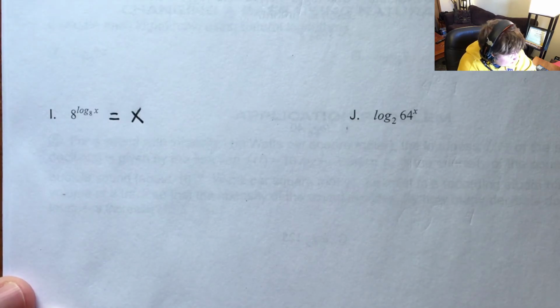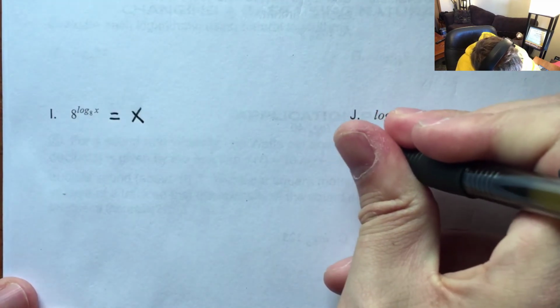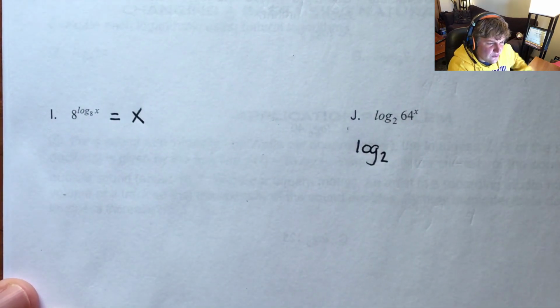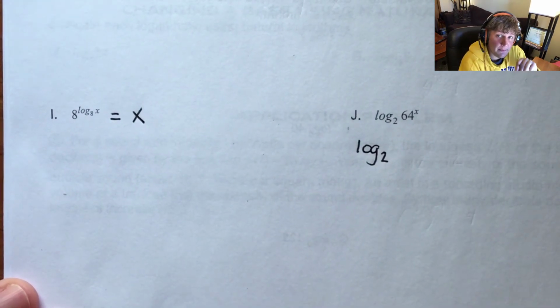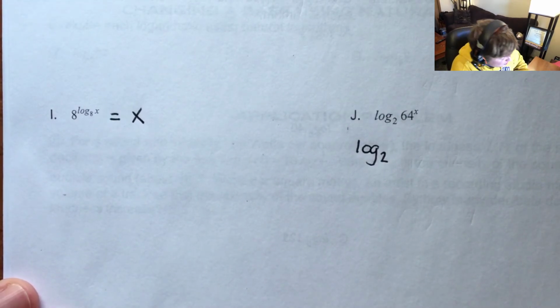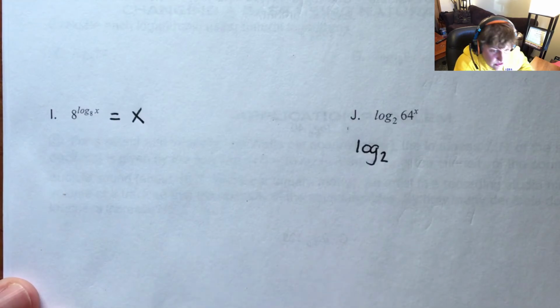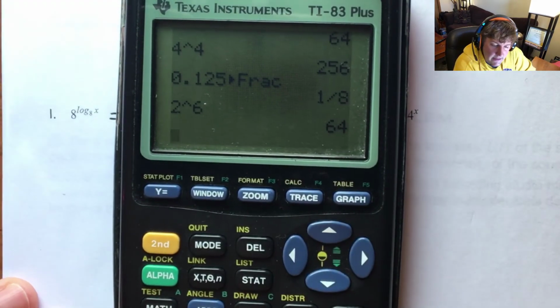Okay, so here I have log base 2 of 64 to the x. Now 64 very well could be a power of 2, so we should check. I think 2 to the 6th power is 64.